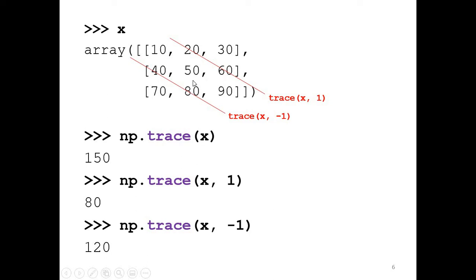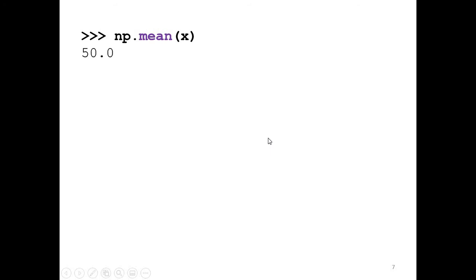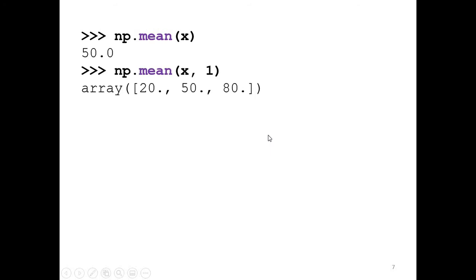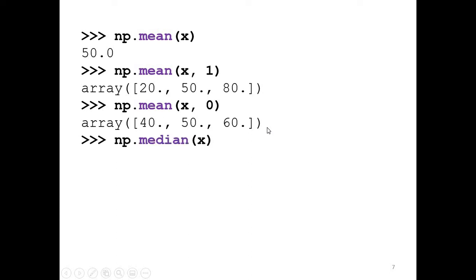So the median is 50. But if you take the median of these three numbers, the median will be 40. If you take these three numbers 10, 20, 30, the median will be 20. So this is the median, the middle one.